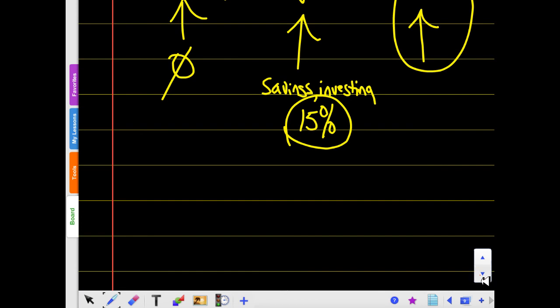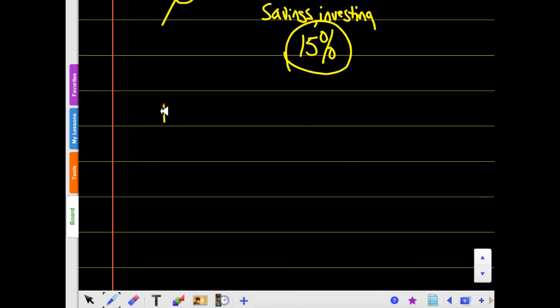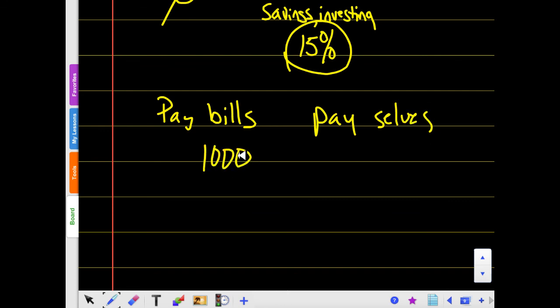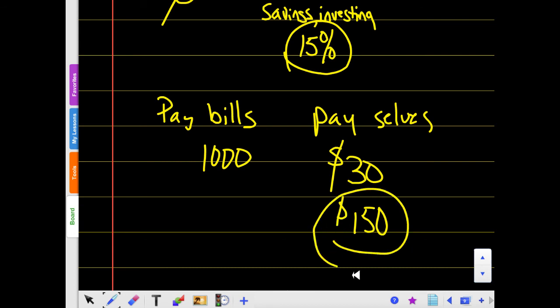Too often what happens is people will pay their bills, and then they'll pay themselves at the very end. And what happens is, if we had $1,000 and there's only $30 left, guess what? $30 is all you save. $30 is all that goes into your retirement. And really, it should have been $150. So you shorted yourself $120 because you didn't make it a priority.